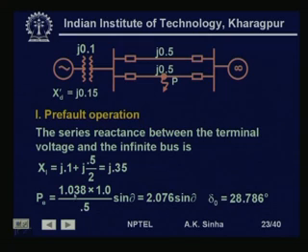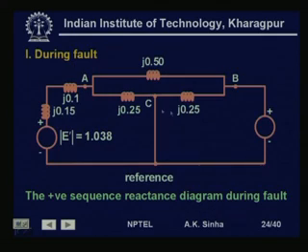So, that is going to be equal to 0.5. So, 1.038 into 1 divided by 0.5 into sin delta is equal to 2.076 sin delta. Now, since we have been given that the electrical power transferred is 1 per unit, using this as 1 per unit, we will get delta 0 as 28.786 degrees.